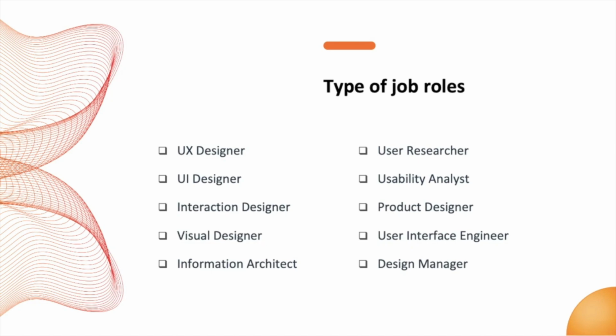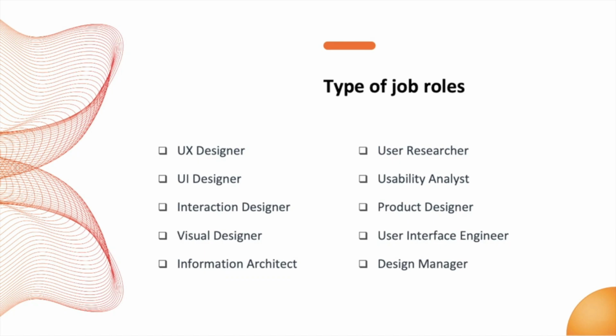Information architect is one who is creating those information architectures, dealing with clients and stakeholders, and sitting between UI and UX designers. User researcher is one who works on the first two or three stages of the design process. Usability analyst is one who learns the product and conducts all the UX research studies.